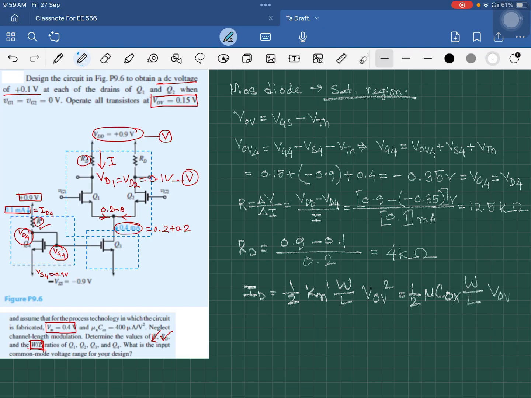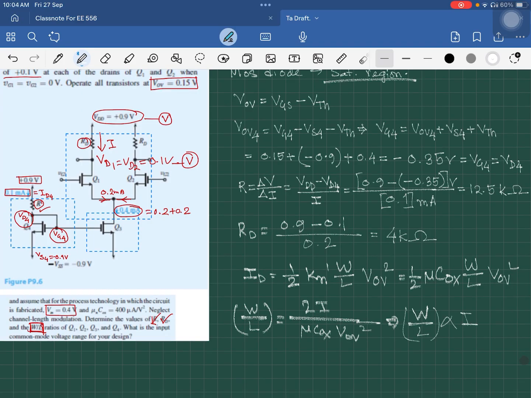Kn prime is mu Cox, C oxide, and we get this from our equation. So W by L equals 2 ID over mu Cox V overdrive squared. We can find the W by L of all these MOSFETs individually. Also, mu Cox and V overdrive are the same for all the MOSFETs, so W by L is proportional to I.